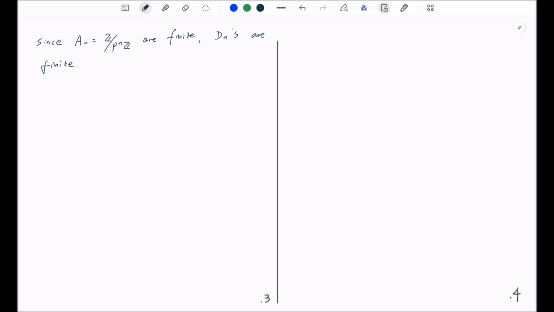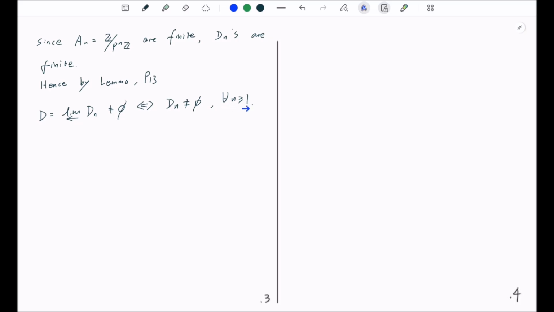And now by our lemma, this is on page 13 of Serre's book, the projective limit of D_n's is non-empty if and only if D_n's are non-empty for any n bigger or equal to 1.